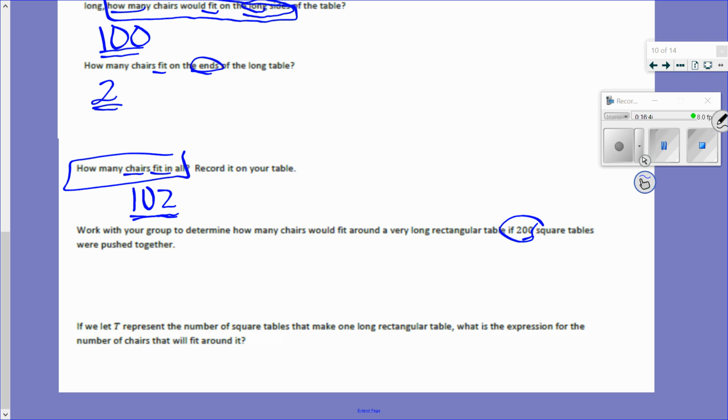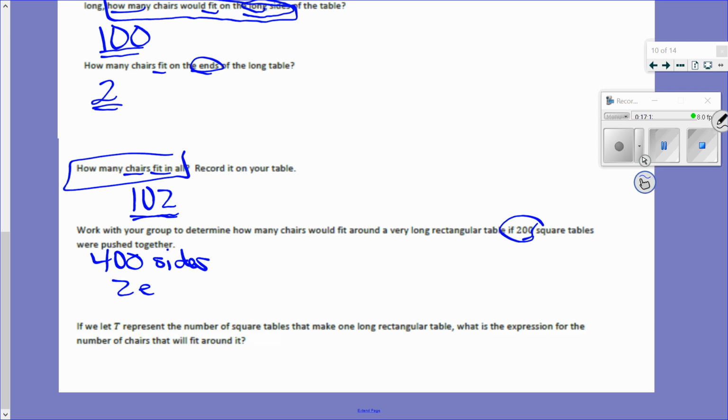I have 200 square tables, all lined up. How many are going to fit on the top side? 200. How many on the bottom side? 200. So how many is that? 200 on each side. 400 on the sides. Does that make sense? What about on the ends?